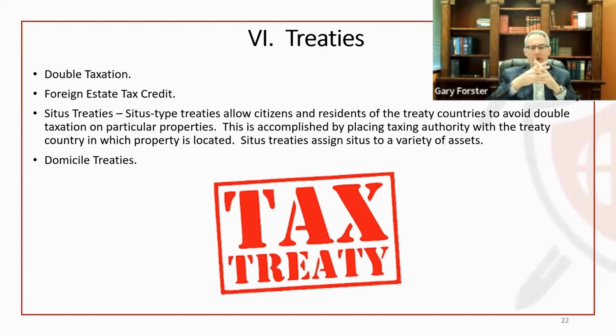Or domicile treaties, it has to do with I'm taxed where I live. That's who takes control. There's some complexity to it, but that's who takes control of me as a taxpayer, and you don't pay double tax. But that doesn't really solve this idea of, I mean, almost never solves this idea of I'm foreign, I'm taking advantage of all these great IRS exemptions, and I want to come into the U.S.